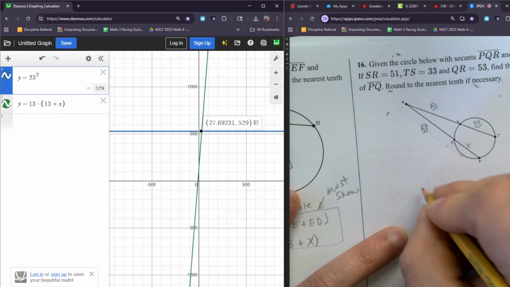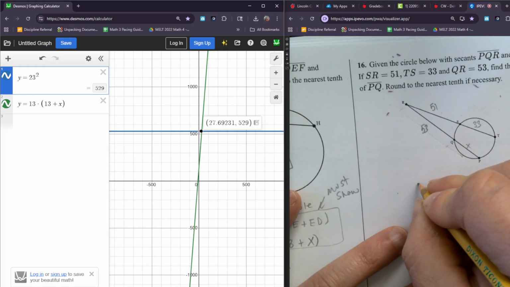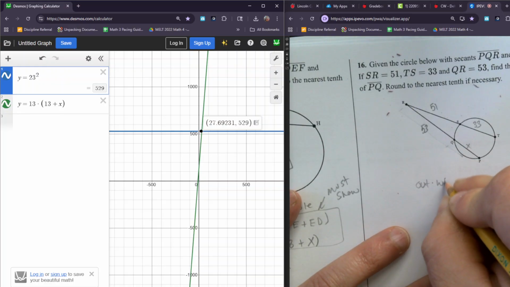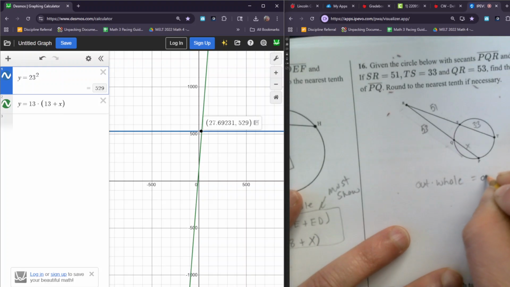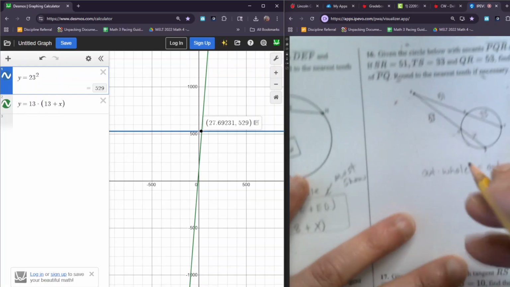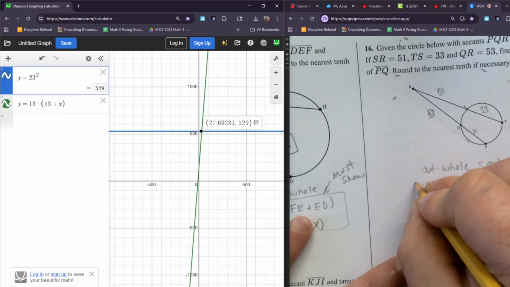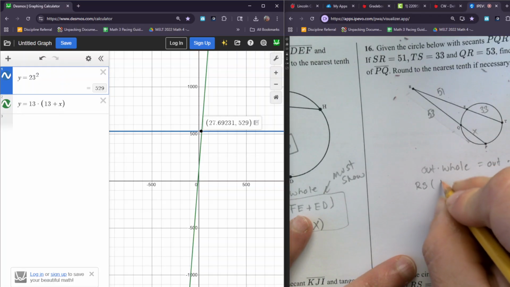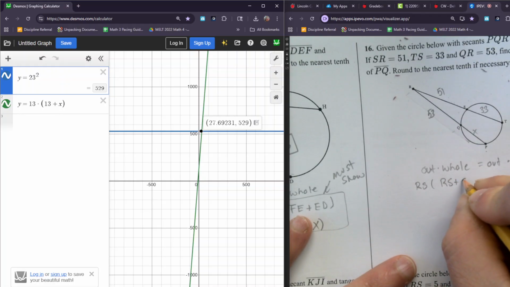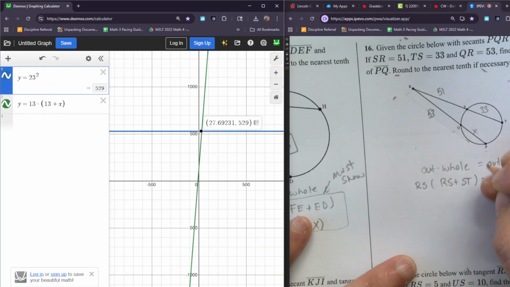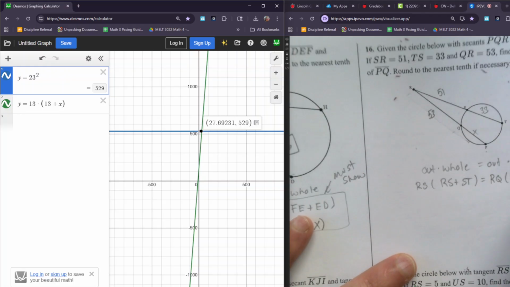All right, so that's going to be out times whole equals out times whole. If we start here, RS times RS plus ST equals RQ times RQ plus QP.